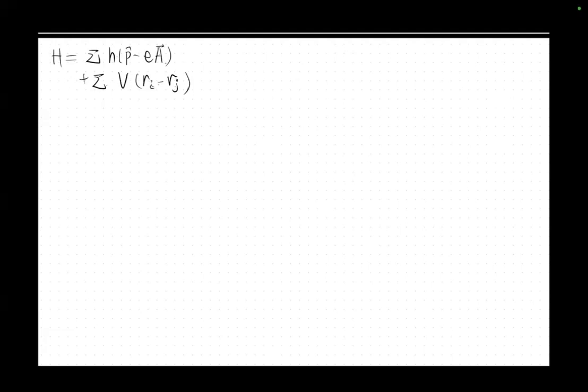Okay, so how do I define a crystal in this case? We need to follow a standard procedure of adding a pinning potential. So what we'll do is to start with the symmetric Hamiltonian and add a perturbation.